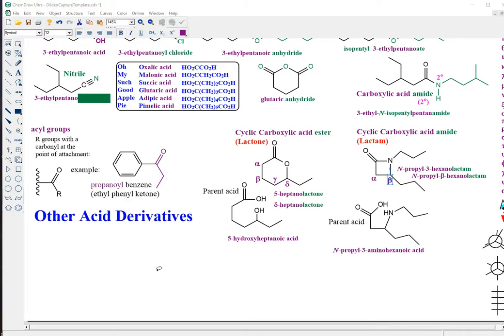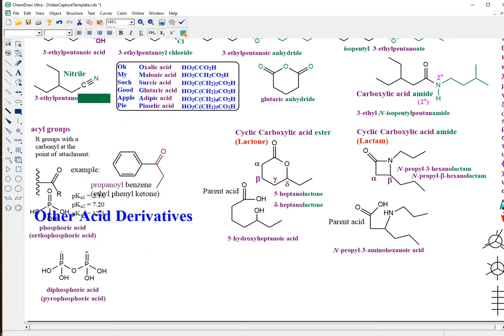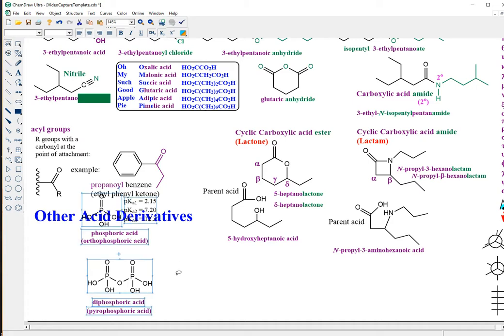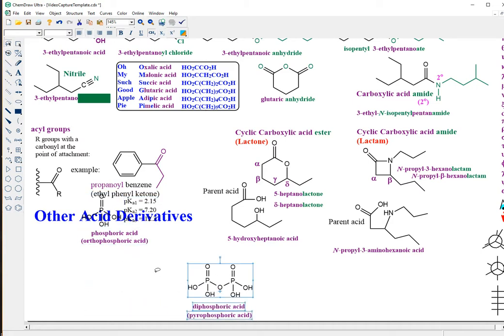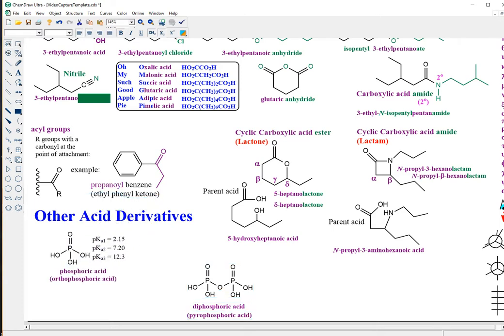I'd like to close by discussing a few other acid derivatives that are not carboxylic acids. Here is diphosphoric acid. Here's phosphoric acid.